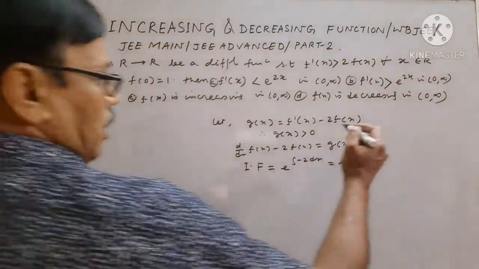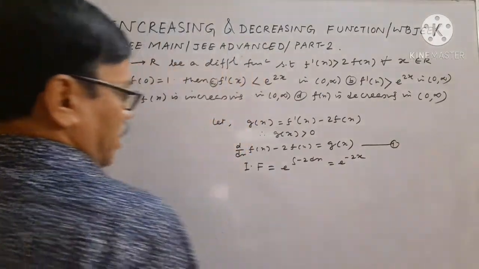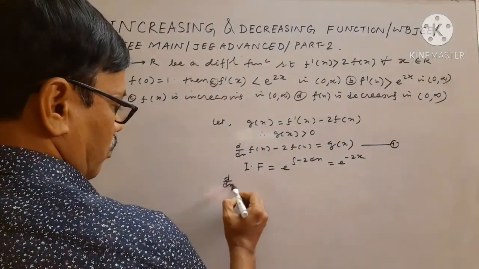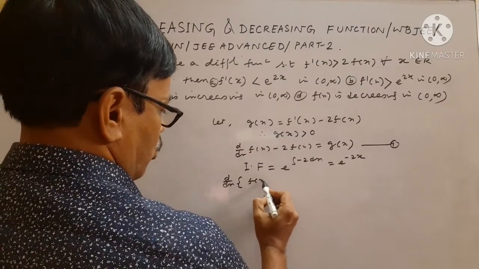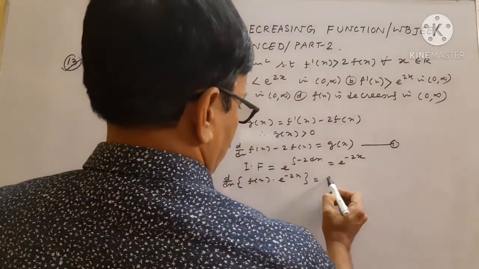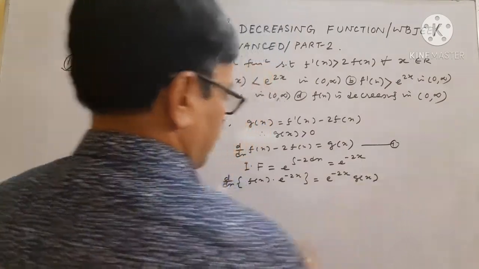If we multiply the equation by the integrating factor, we get d/dx of f(x) times the integrating factor equals e to the power minus 2x times g(x).